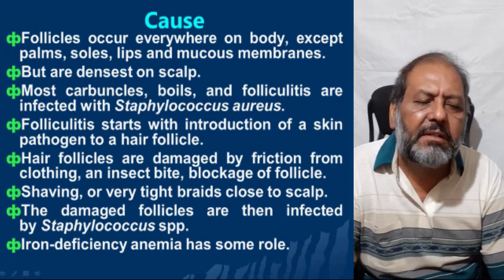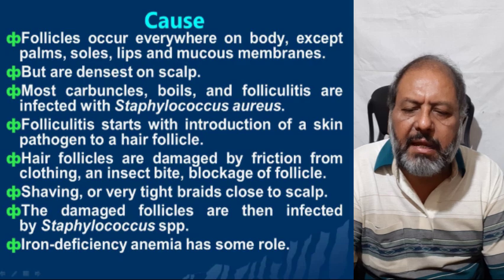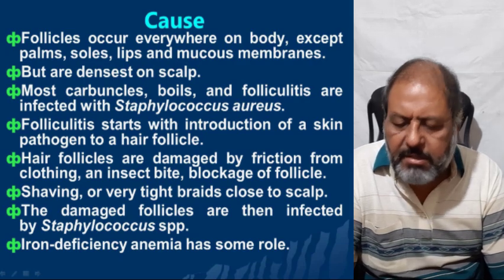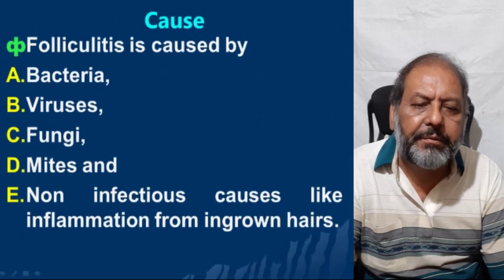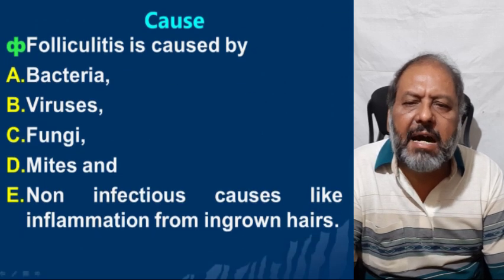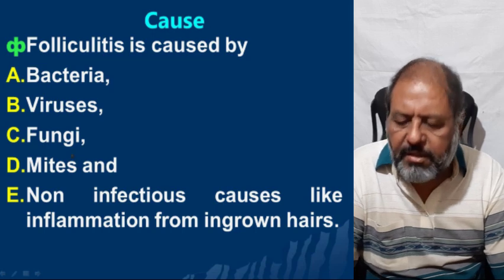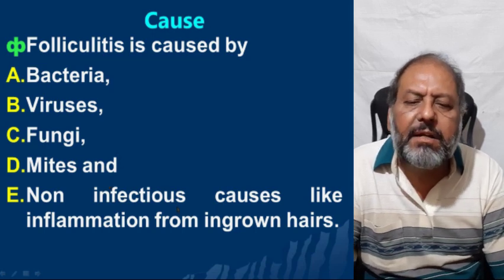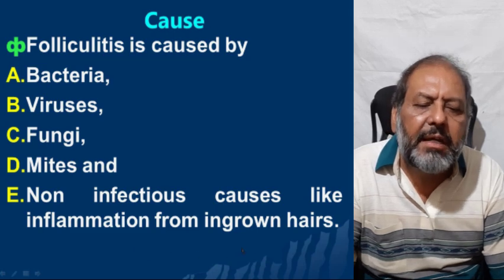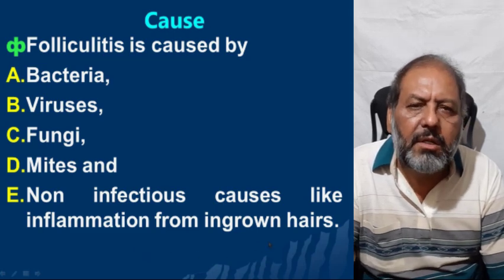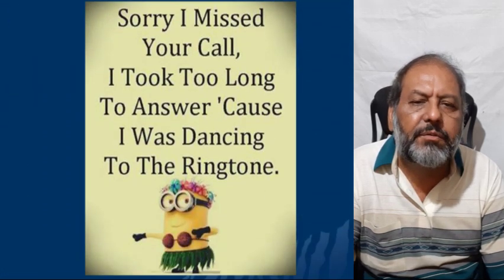The damaged follicles are then infected by Staphylococcus species bacteria, and iron deficiency has some role in predisposing to folliculitis. So the cause: folliculitis is caused by bacteria, viruses, fungi, mites, and non-infectious causes like inflammation from the ingrown hairs which turn inside to the skin and follicles.